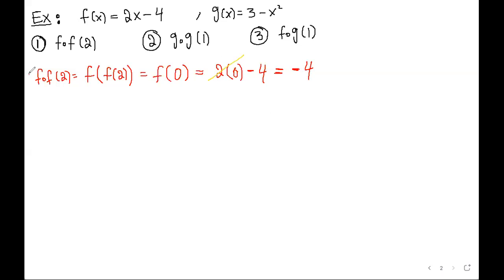Now for the second one, who will do the second one? G circle g of 1. This is again g of g of 1. Who will continue?